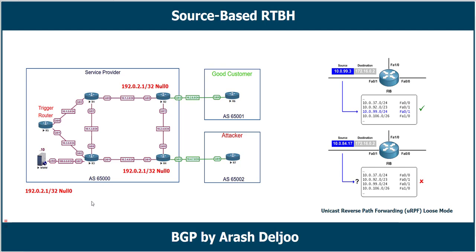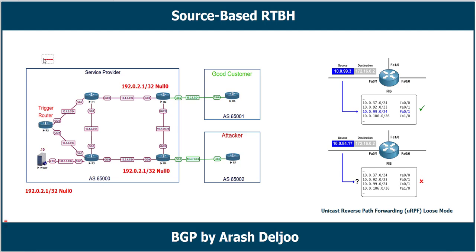Then, when we receive traffic, for example, to the destination 100.0.0.10, and that traffic is received from one or multiple attackers, we send a BGP trigger update from the trigger router to router 2 and router 4.